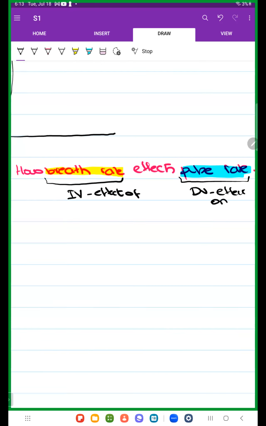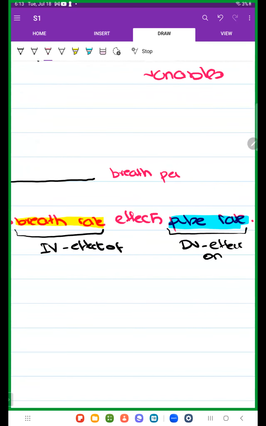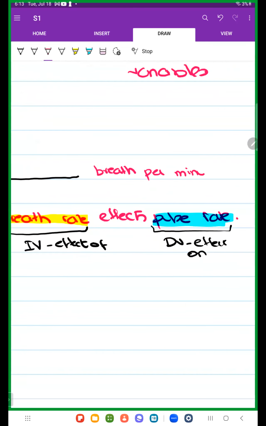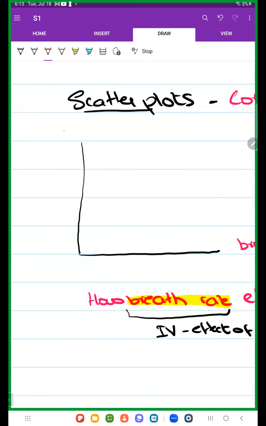So what will come on my x-axis? The x-axis will be breath rate. I'm going to write breaths per minute because they're being measured per minute. And on my y-axis, I will write pulse rate.